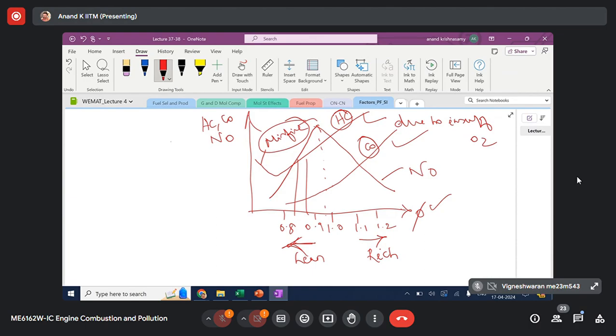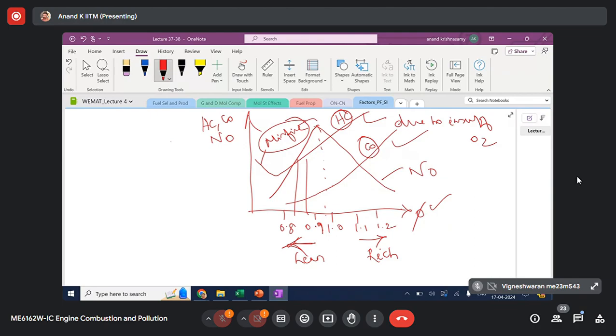But when you move towards the lean region, what problem will I have in the combustion process? Stability, and the cyclic variability will increase. Cycle to cycle variability will increase, sir. Anything with respect to flame? Sir, startability will be a problem, sir.